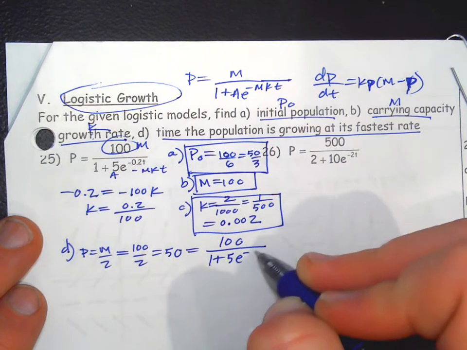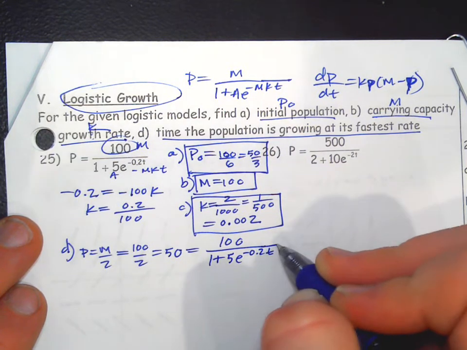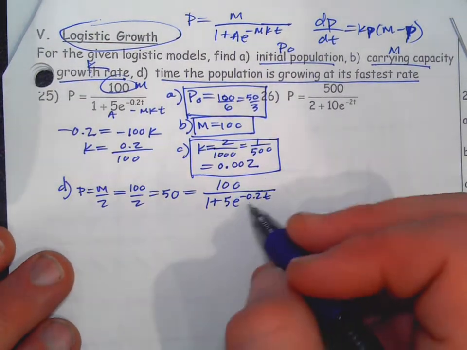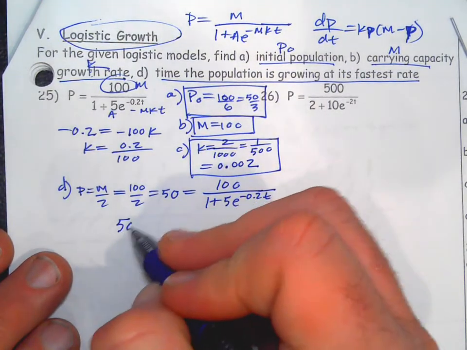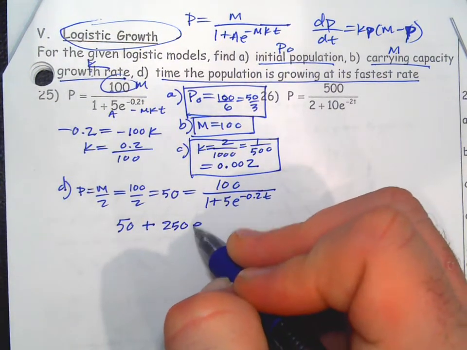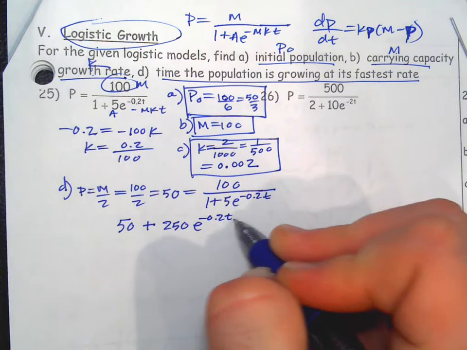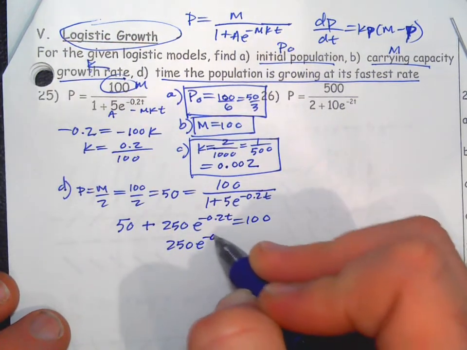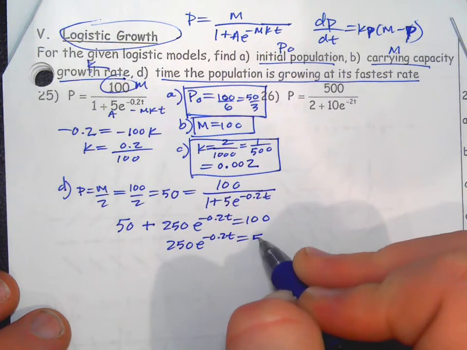Now you just got to take a few steps of algebra to solve it. I multiply that across. 50 plus 250 e to the negative 0.2t equals 100. 250 e to the negative 0.2t equals 50.